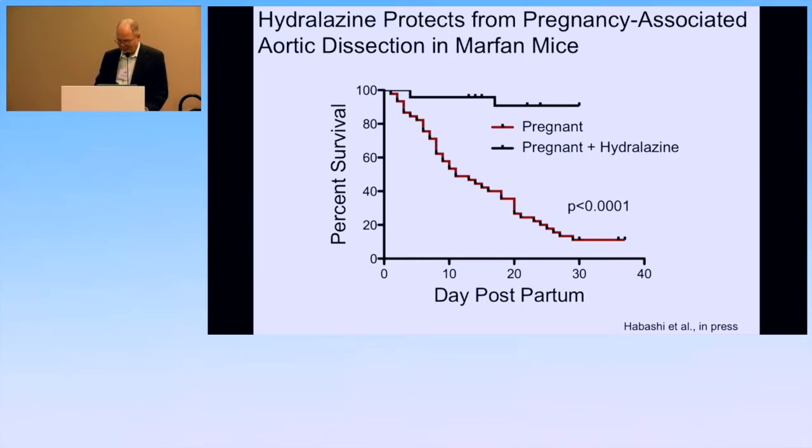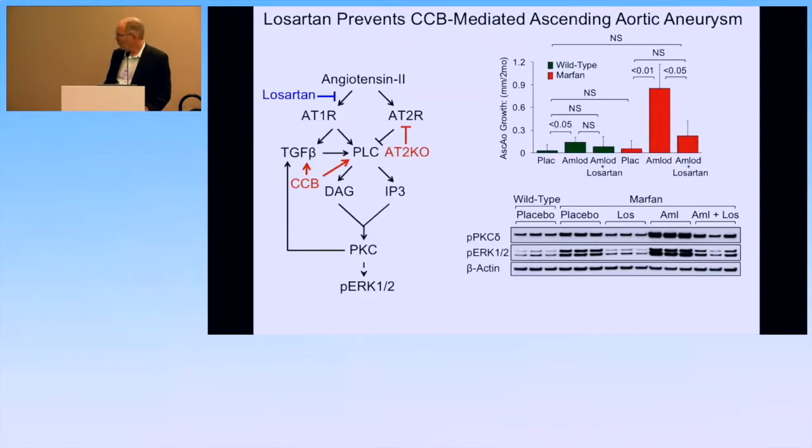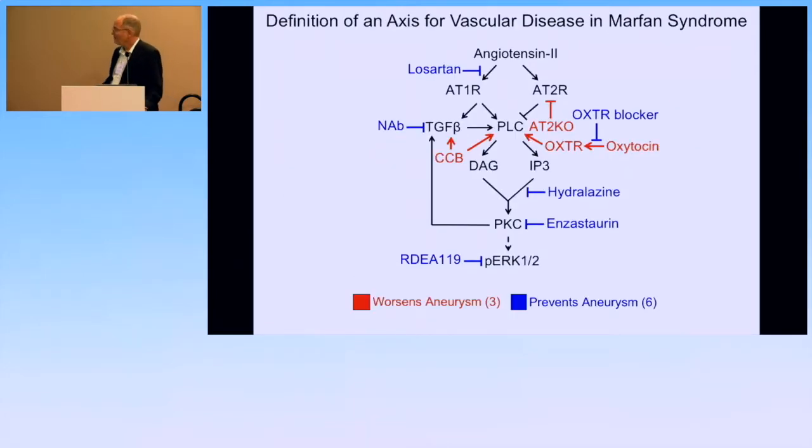pregnancy-associated aortic dissection. We also found, as expected from this cascade, that losartan remained dramatically protective in calcium channel blocker treated Marfan mice. So all in all, we have pretty high confidence in this pathogenic sequence. We've kind of poked and prodded it in every way we could imagine.